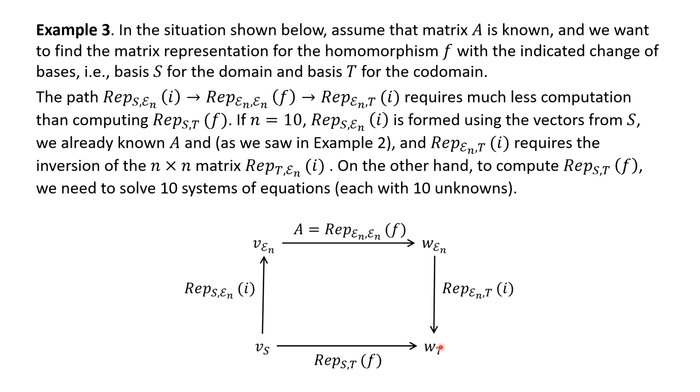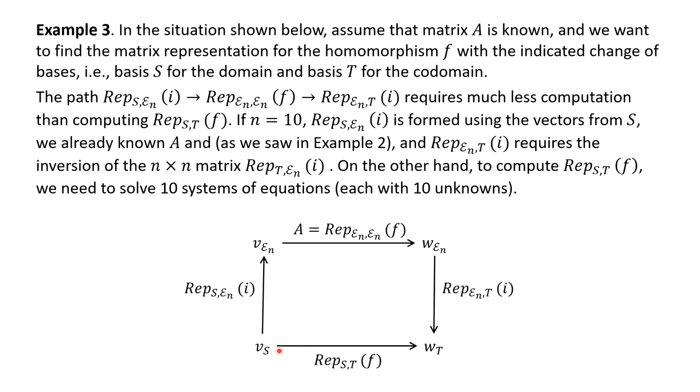We take the inverse of going from here to here. So we put the vectors from T into a matrix and then take the inverse, and that'll give us this direction. So really the only computation is one matrix inversion to do this entire path.